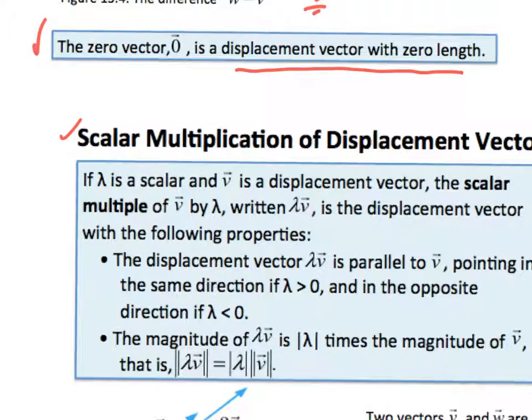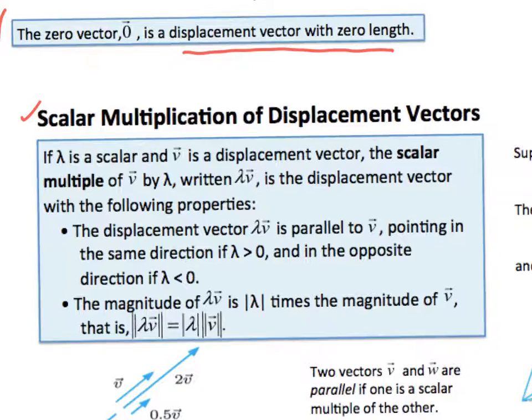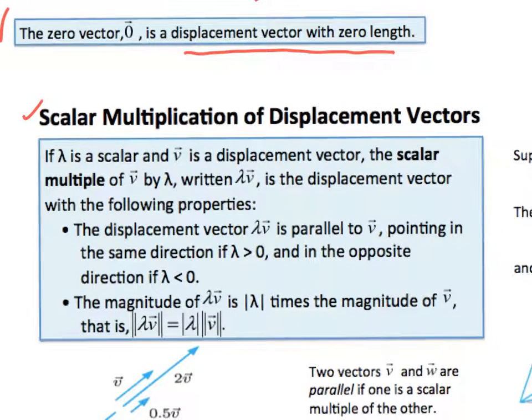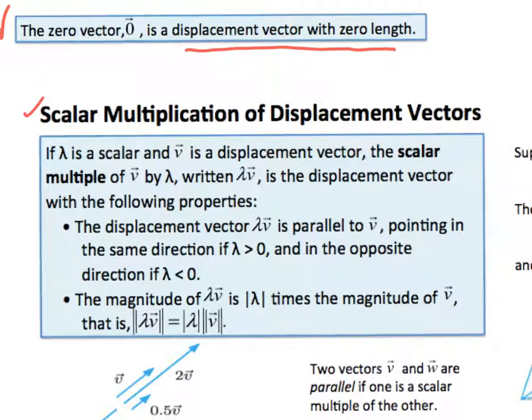With scalar multiplication, if lambda is a scalar for us, and v is the displacement vector, the scalar multiple of v, written lambda v, is the displacement vector with the following properties.